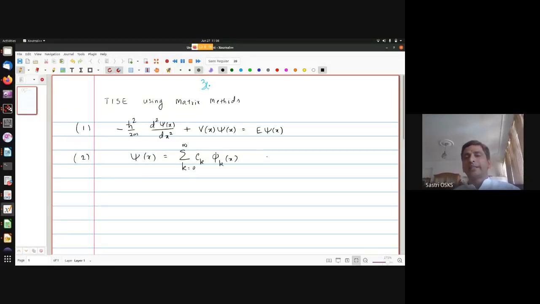The phi_k of x satisfy the orthonormality condition, that is integral phi_l star of x into phi_k of x dx is equal to delta_lk. That is, it's equal to 1 for l equal to k, and equal to 0 for l not equal to k. So such a set of functions, an orthonormal set of functions, is what we call a basis.